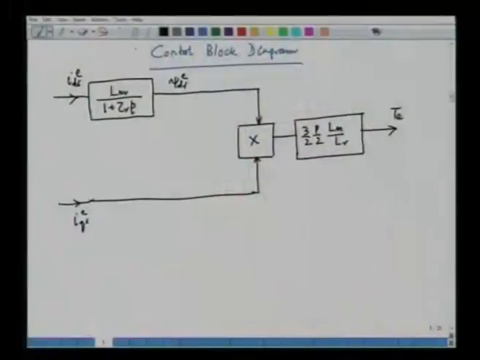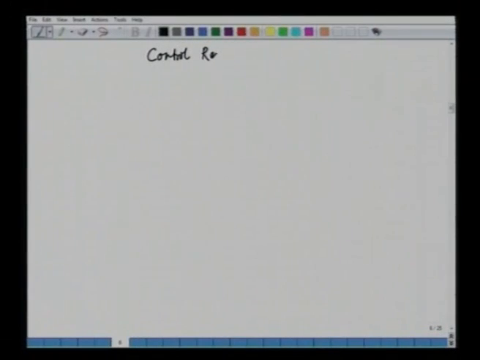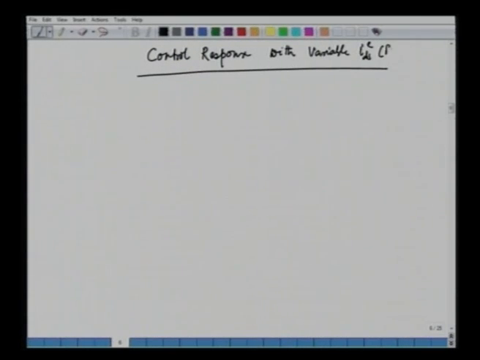So, we can see the response with variable IDSE, or in bracket we can say variable flux. So, we can see the various control responses here.